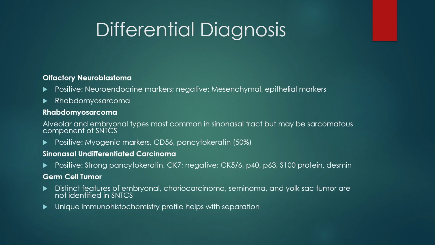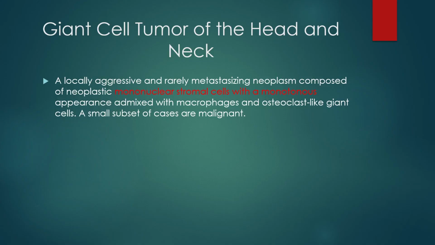The next entity we're going to talk about is giant cell tumor of head and neck. Basically, I think this falls into the giant cell tumor category, like giant cell tumor of the bone. They can share some common features. So if the image shows you a lot of giant cells, you may think about this entity.